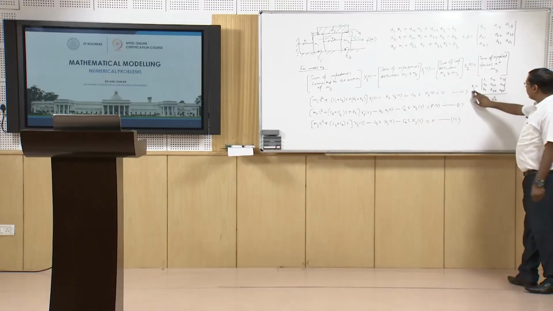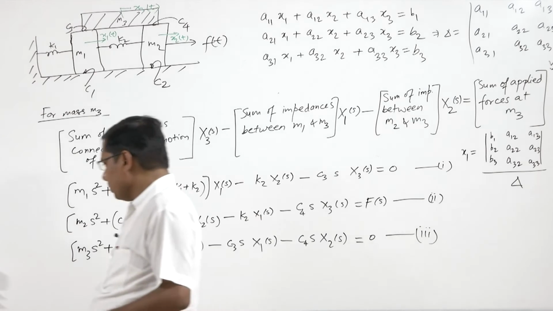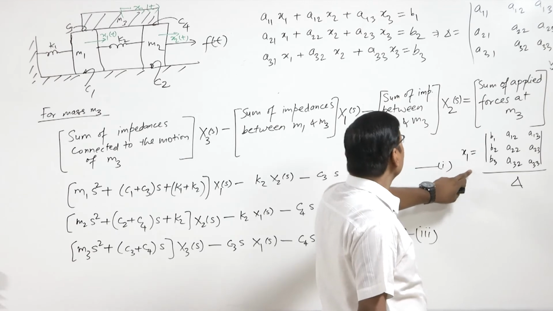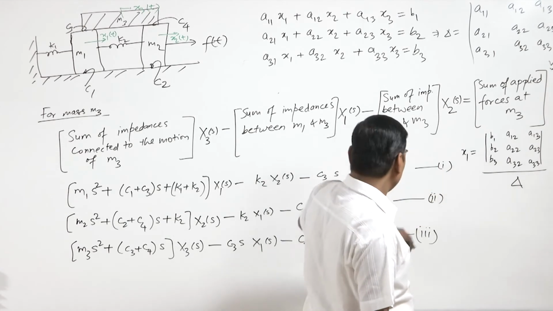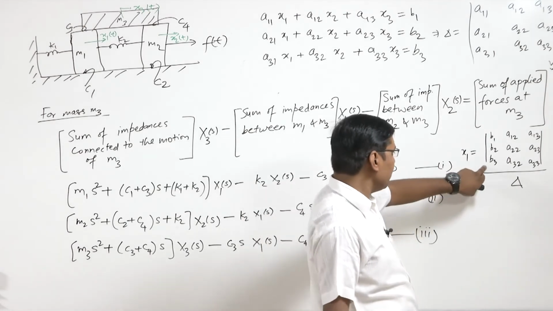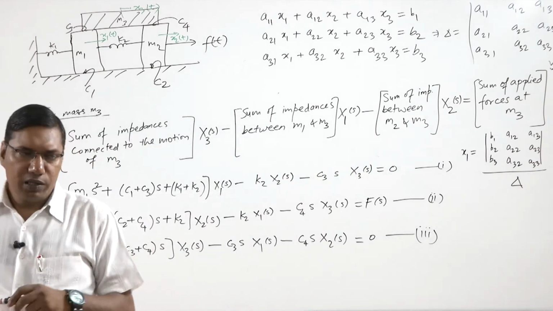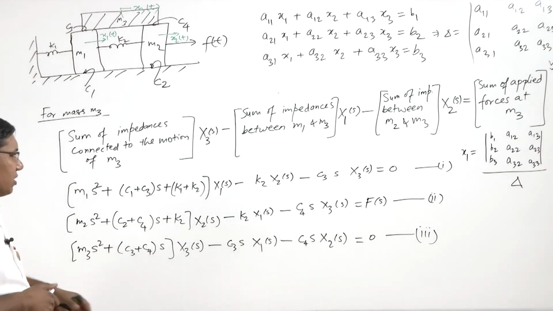So x1 equals this determinant upon delta, and since B1, B2, B3 contain F(s), we can find x1(s) by F(s), the transfer function. All these transfer functions we can find using these three equations.